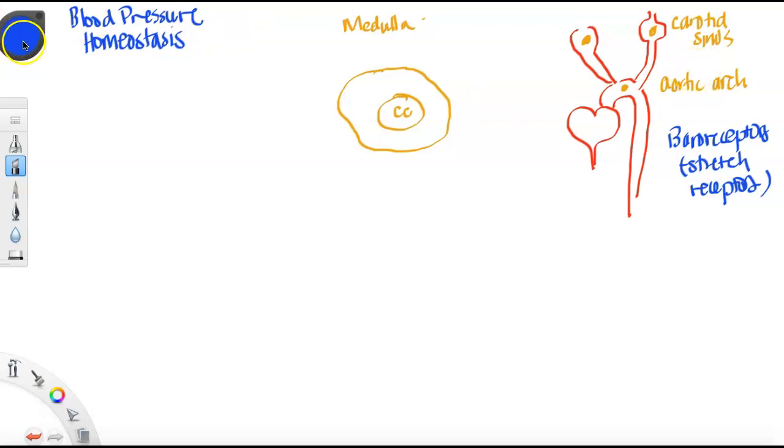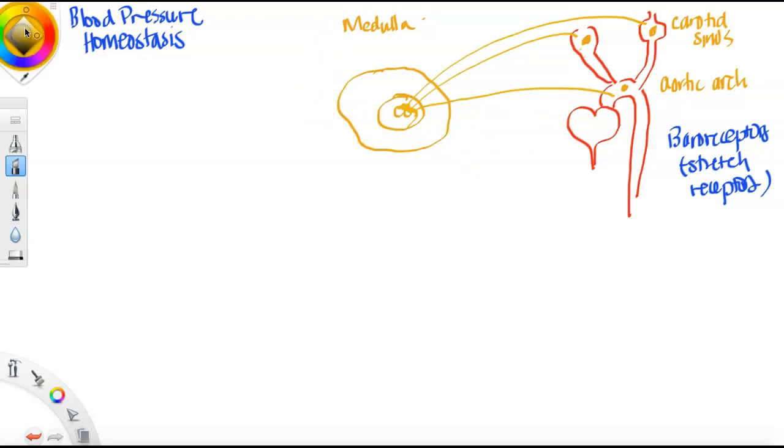So they send impulses back to the cardiovascular center. Okay, so they send information back to the cardiovascular center through impulses.